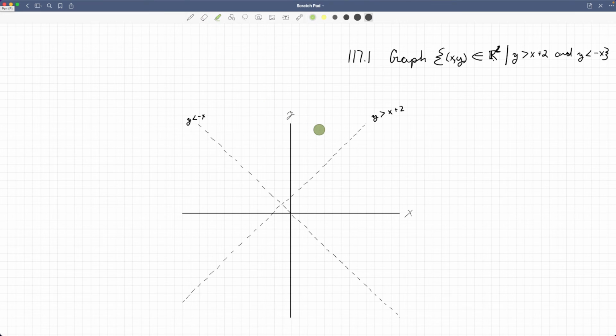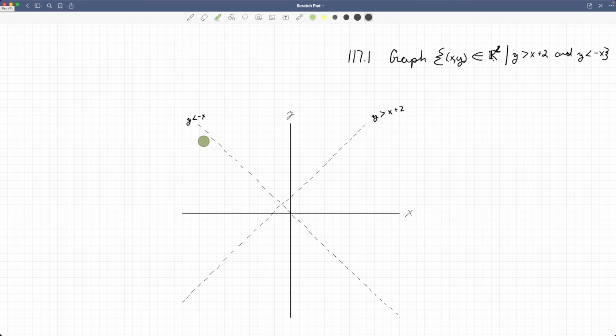Let me get my highlighter. So where would we graph? How would we solve this? We need to find what is greater than x plus 2. We know that greater is going to be above the line. So everything above this line, on this side. But then it's going to be less than this line right here, so everything below this line.